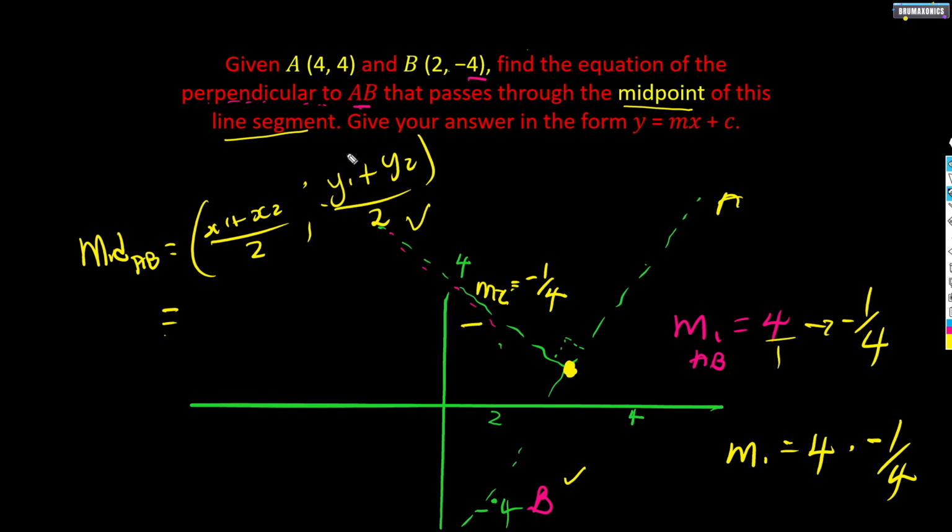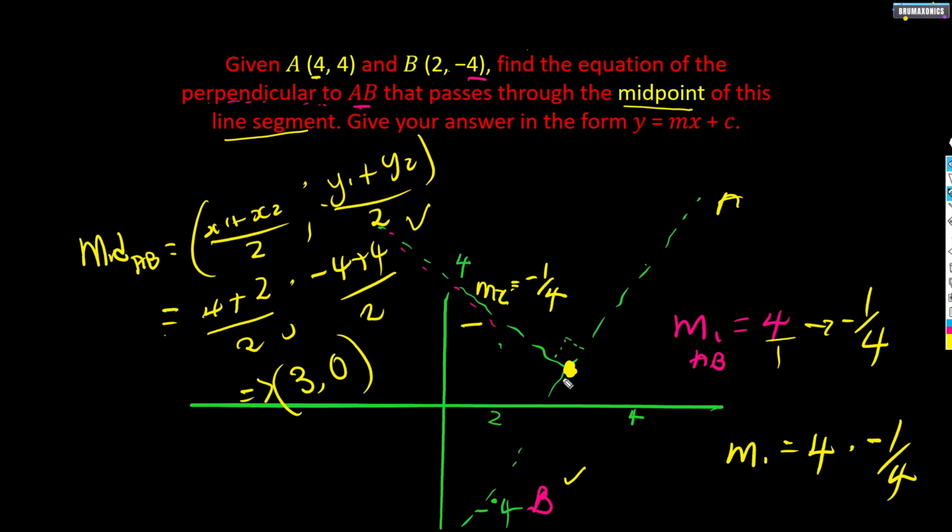Which is equals to, the X will be 4 plus 2 all over 2, right? And then the Y will be negative 4 plus 4 all over 2, right? This implies that this is 6 divided by 2, we're going to get 3, and then 0 divided by 2 will be 0.